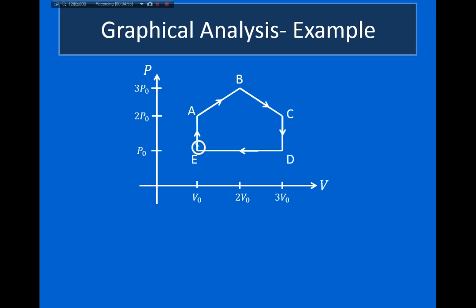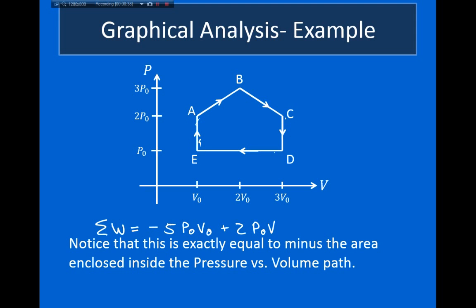Finally, when I go from point E to A, we again have a situation where the volume of the gas is not changing. So the work that is done when I go from E to A is equal to 0 joules. So the total work that we do during one complete cycle is equal to the work that we do in going from points A to C, and remember this was equal to minus 5 P0 V0, plus the work that we do in going from C to D, but this is 0, plus the work that we do in going from point D to E. Remember this was plus, I think it was 2 P0 V0, and then finally the work that we do in going from points E to A, which was 0.